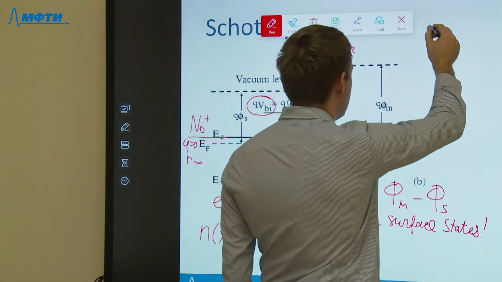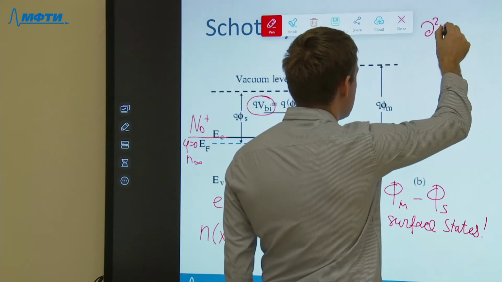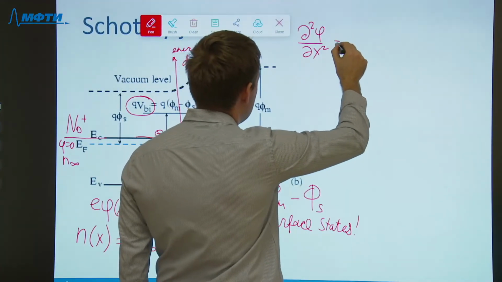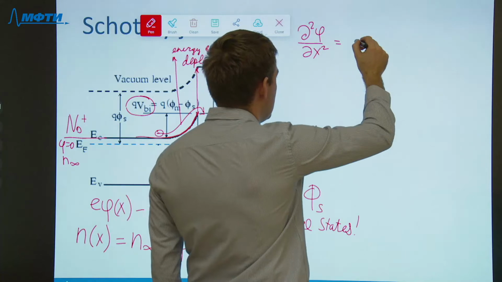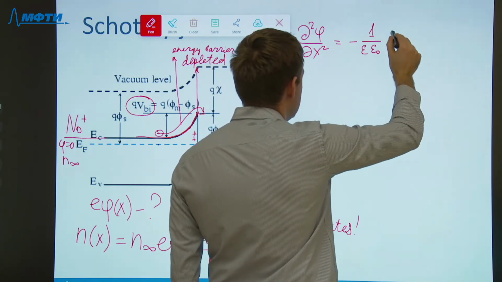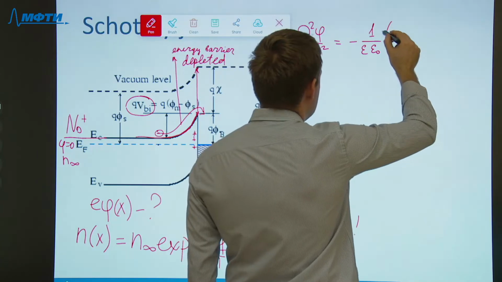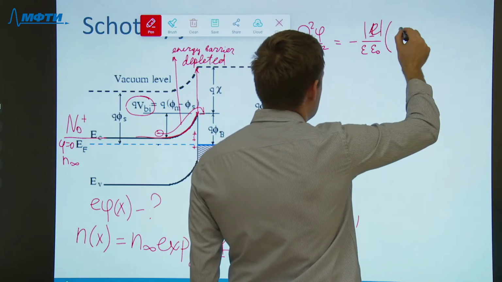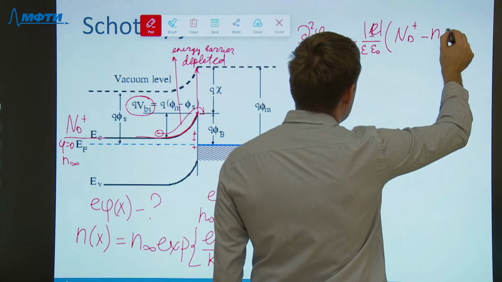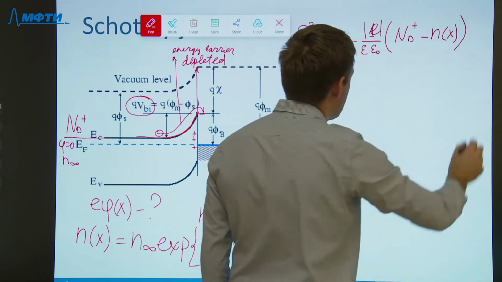And so which equation should we solve to find this potential profile? We should solve Poisson's equation: the second order derivative of electric potential with respect to the coordinate equals minus 1 divided by epsilon epsilon 0, times the density of donors minus the density of electrons that depends on the coordinate.